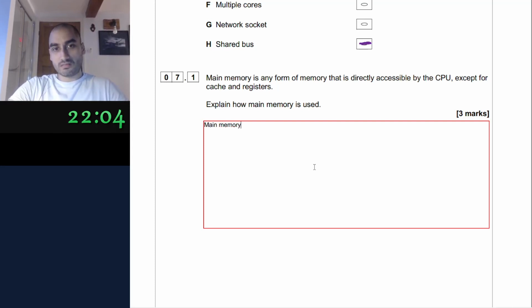Main memory is used for short-term storage when running programs and context switching.